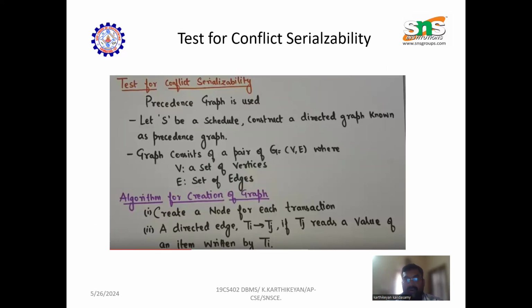So we will take a graph. For conflict serializability, a precedence graph is used. Let us call the schedule's conflict directed graph a precedence graph. The graph consists of a pair G equal to V comma E, where V is a set of vertices and E is a set of edges. The algorithm for creation of the graph: create a node for each transaction, and a directed edge Ti to Tj if Tj reads a value of an item written by Ti.